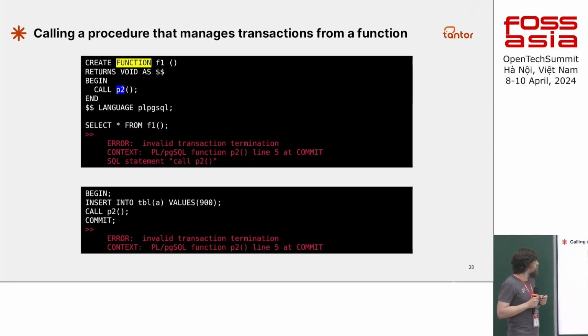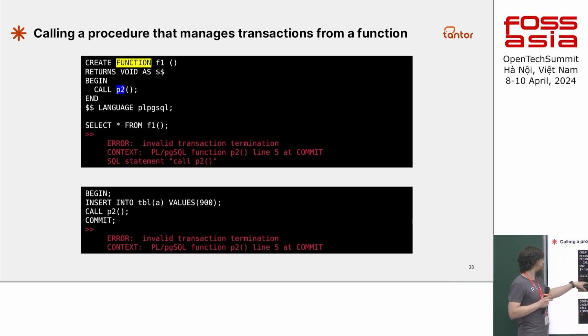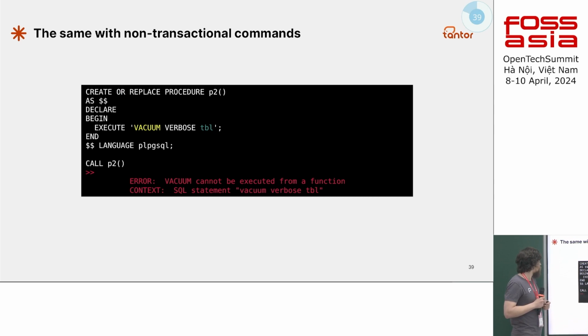But it's impossible to call a procedure that manages transactions from a simple function. Here is a function that calls our previous procedure, and we got an error. It's also impossible to execute non-transactional commands in a procedure.